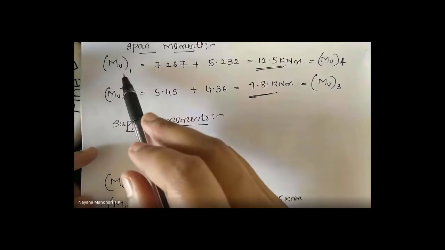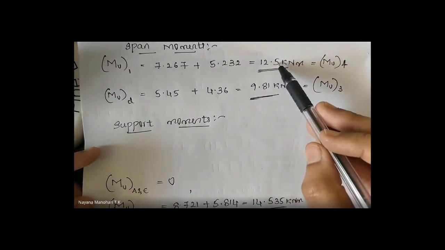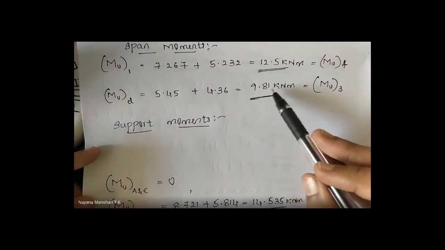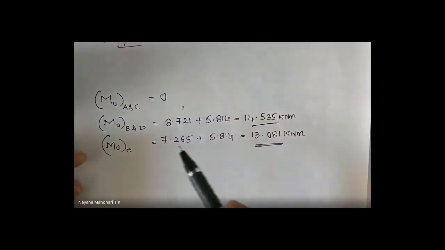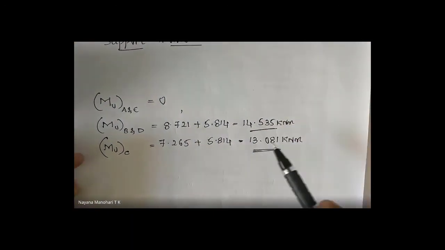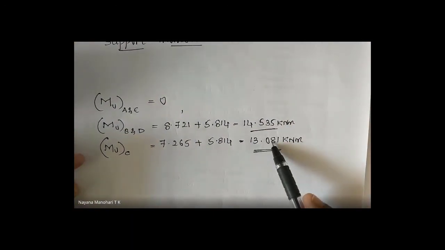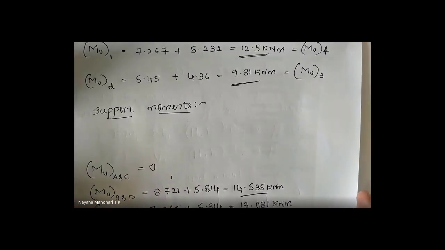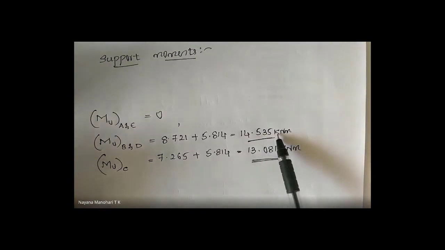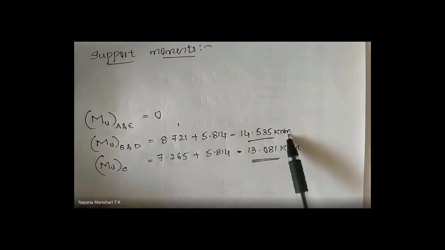Okay. Once you calculated this, observe in all the four values which is the maximum. Maximum moment, observe mu1 in the span moment, it is 12.5. Another one is 9.81. At the support moment, it is 14.535. Another value at C, it is 13.081. In this, which is the maximum value? It is what? 14.535 kilonewton meter is your maximum moment value.